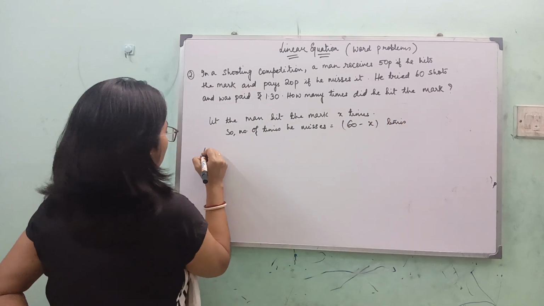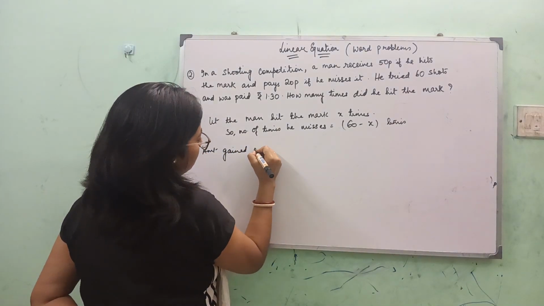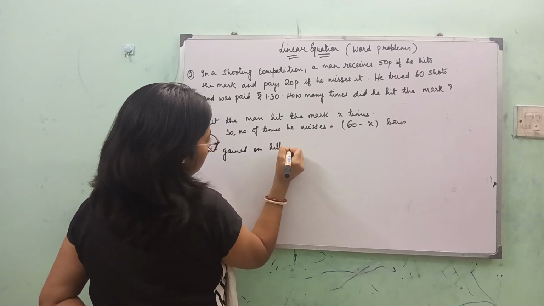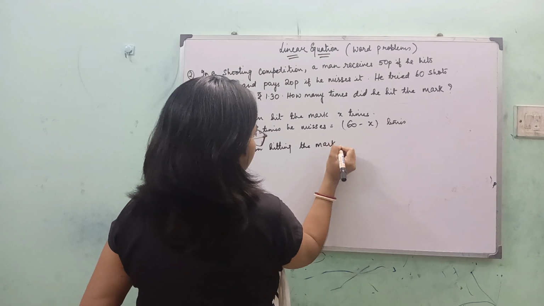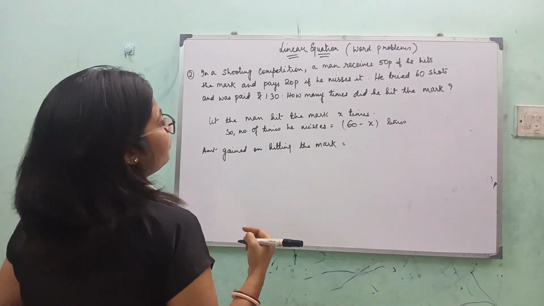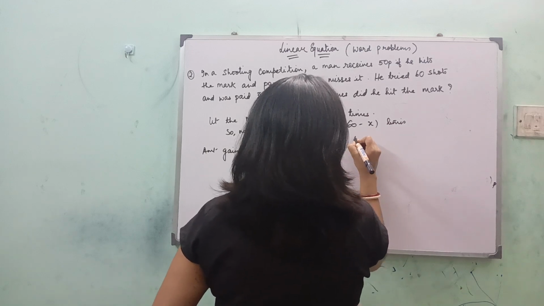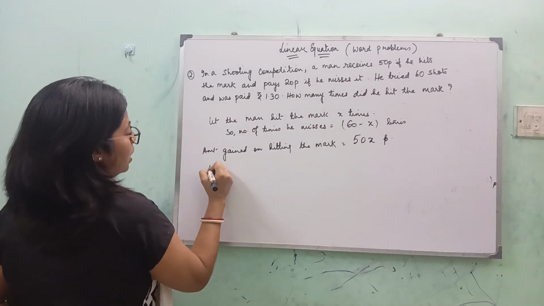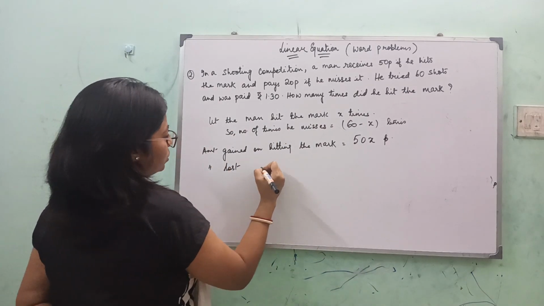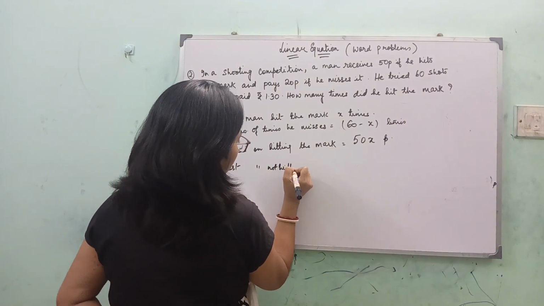Amount gained on hitting the mark: he receives 50 paisa if he hits the mark. That is 50 into x paise. Amount lost on missing the mark.